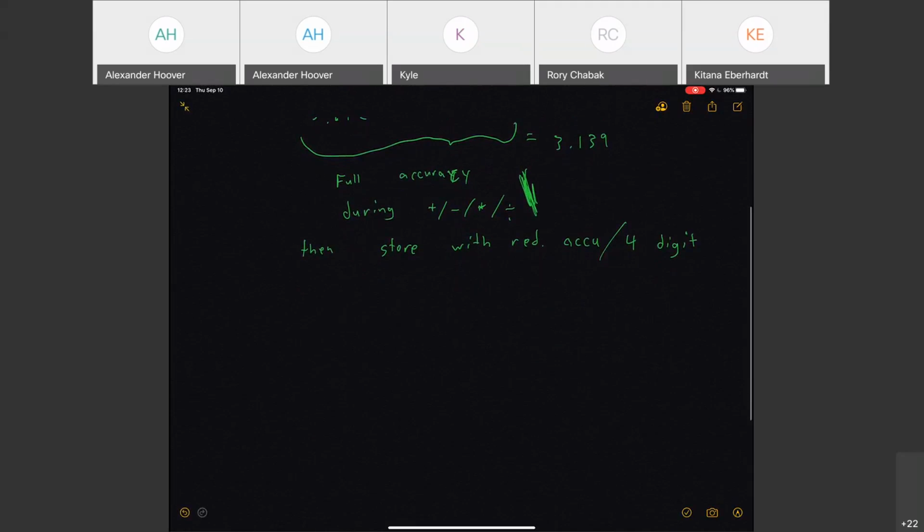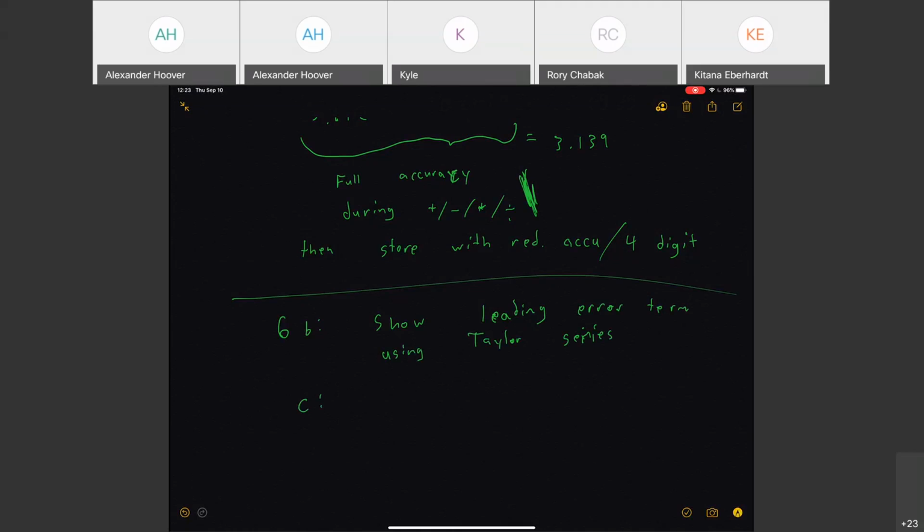So if you've shown previously the leading error term, and this is using Taylor series, and then in 6C, you state the actual order of the error.